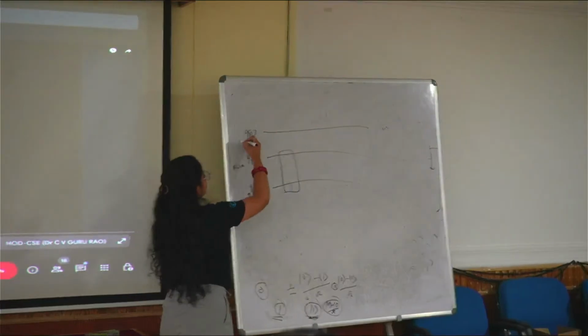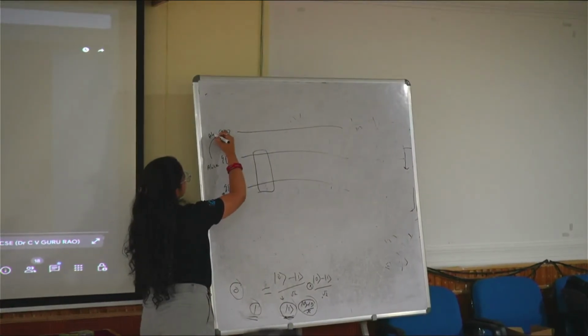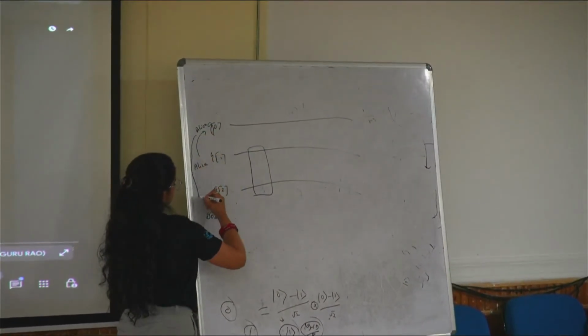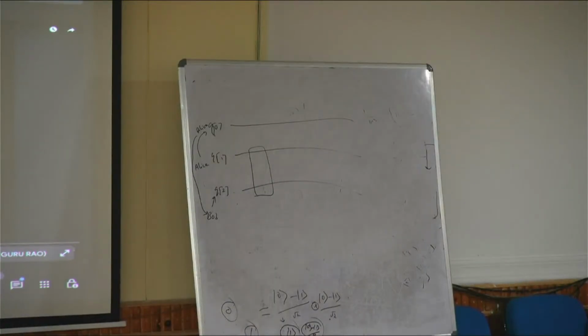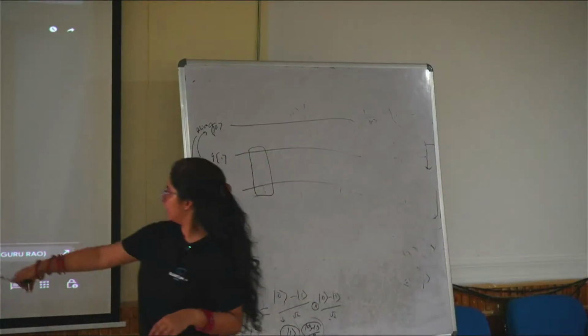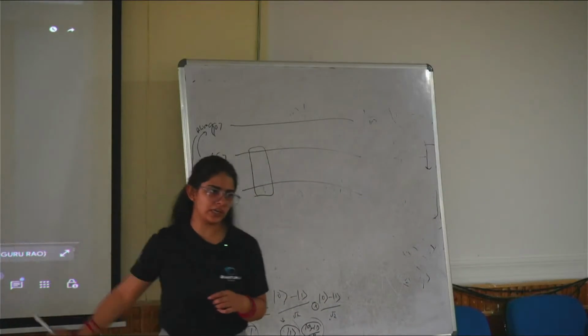And this is the qubit that Alice wants to send to Bob. So this is the same thing, it is coming up. So there are 2 photons which are entangled with each other.